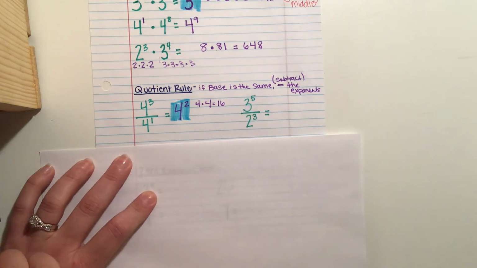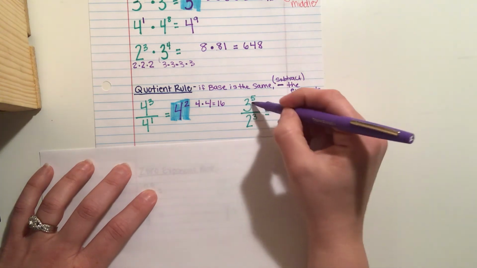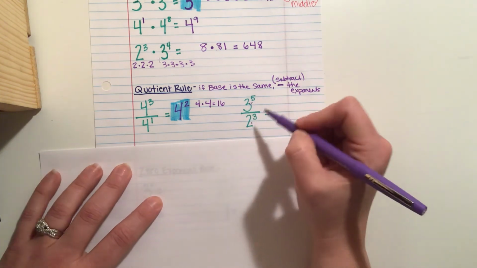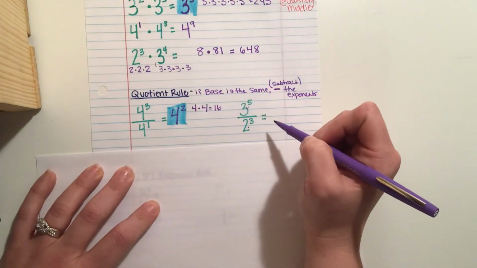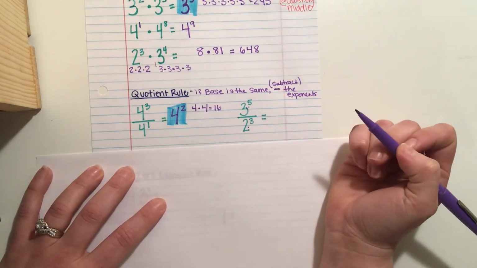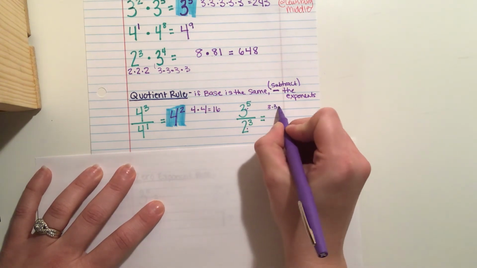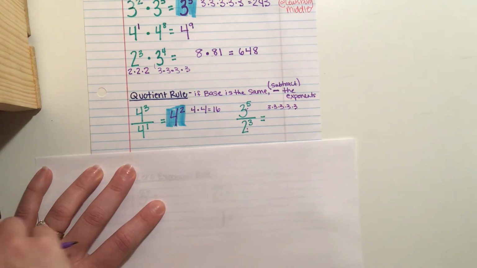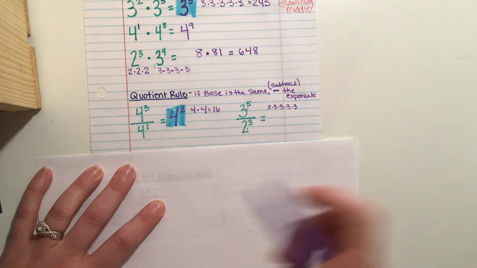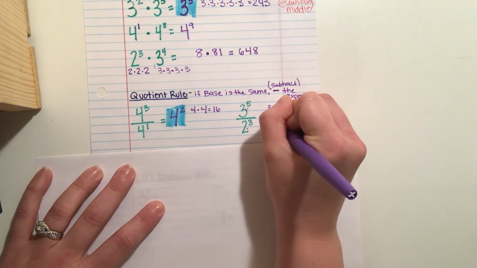All right, let's go ahead and look at the next problem. What do you notice? The bases are not the same. Just like on our product rule, when the base is not the same, you have to work each individual piece out. So 3 to the fifth, that would be 3 times 3 times 3 times 3 times 3. In your calculator, 3 to the fifth power is 243.